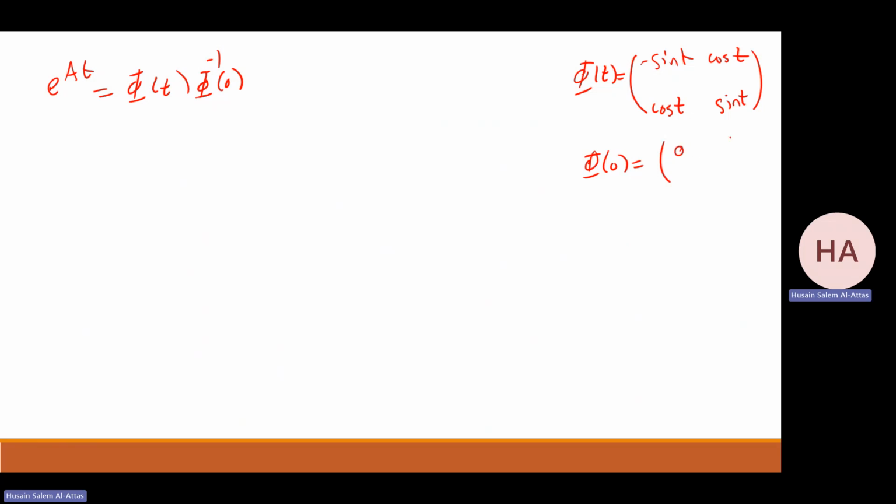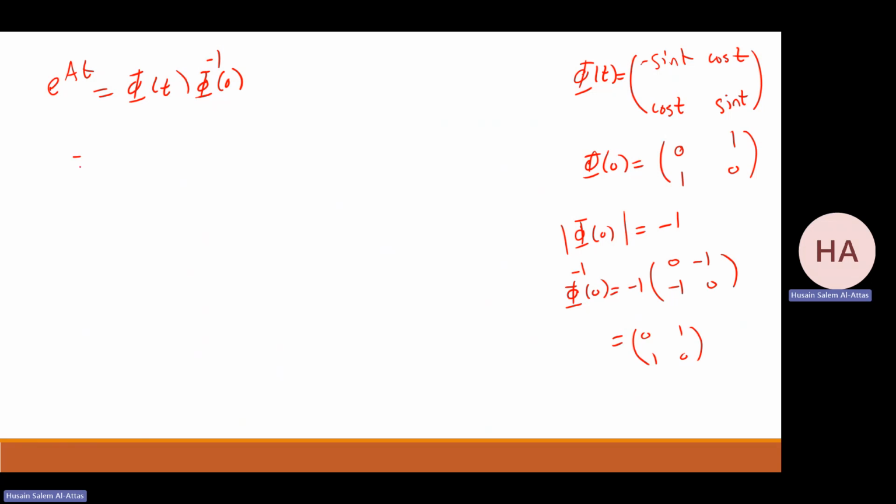Sine 0 is 0, cosine 0 is 1, so it's 0, 1, 1, 0. The determinant of Φ at 0 will be minus 1. What is Φ inverse at 0? This is an interchange, so it will be 0, 1, 1, 0.